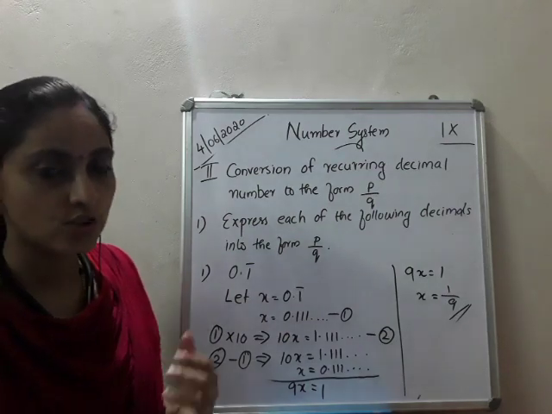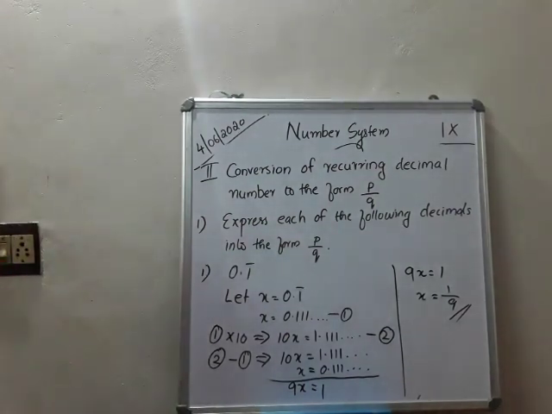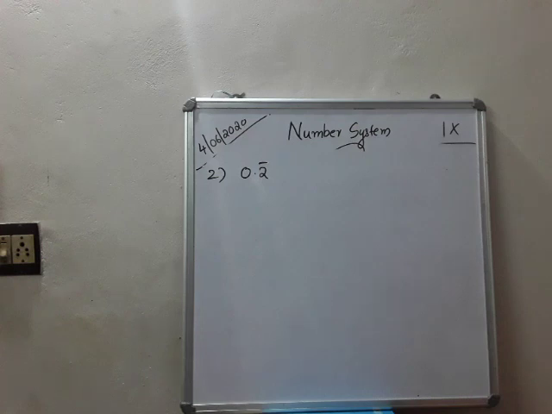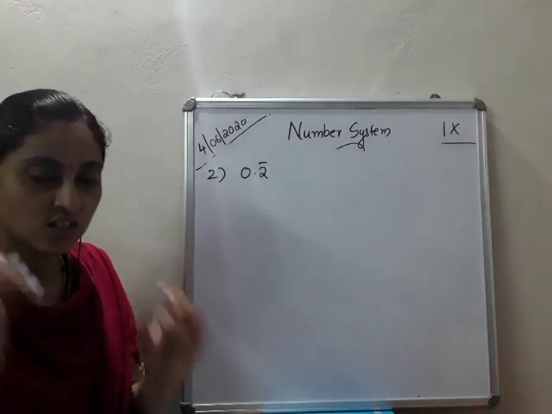Okay, shall we do the next question? Yes, please write down. Second question: 0.2 bar. Can you do it by yourself? What is the first step? I will not write on the board. Just do it by yourself.